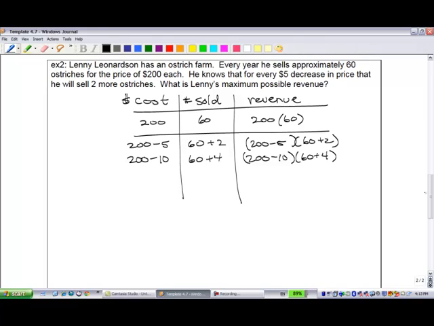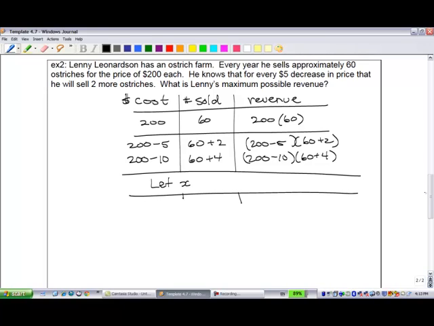But really what we want to do is generalize this. So we are going to let x equal the number of decreases, so the number of cost decreases in this case.